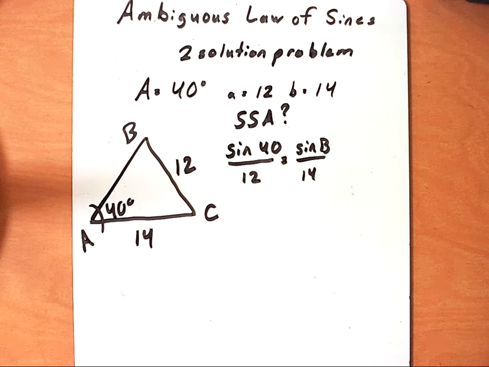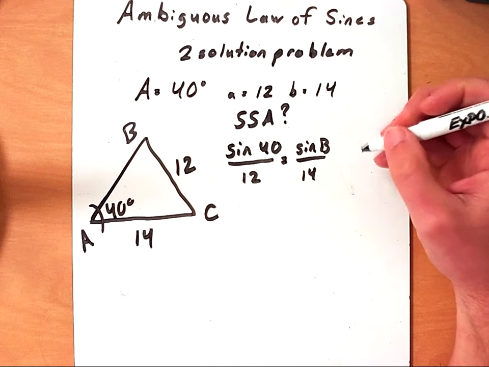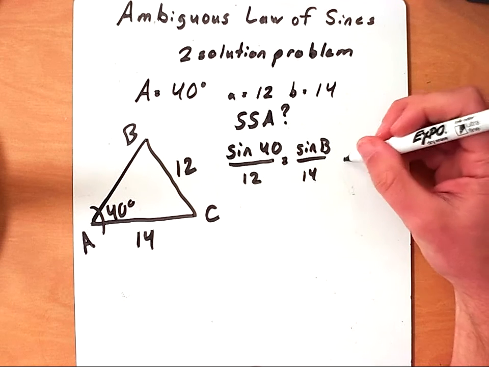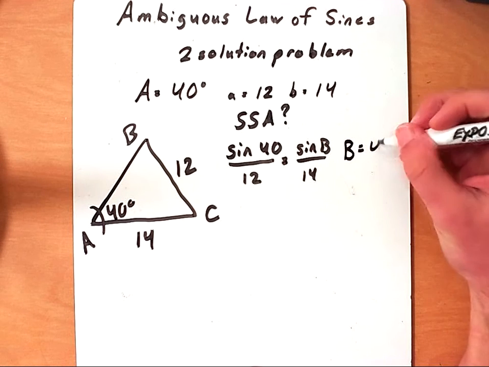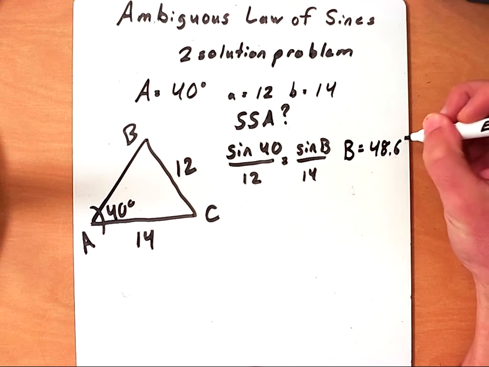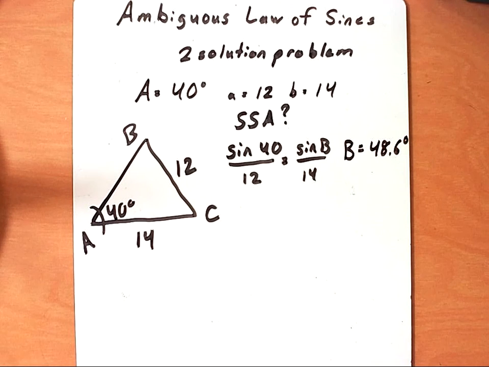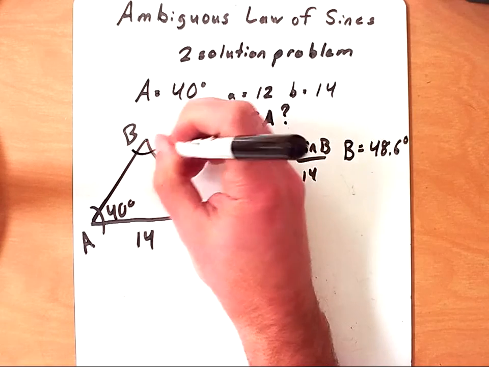You multiply that times 14. It's going to give you 0.7499, so we would need to take the arc sine, the inverse of that, and that gives us 48.6. So angle B is going to equal 48.6 degrees.